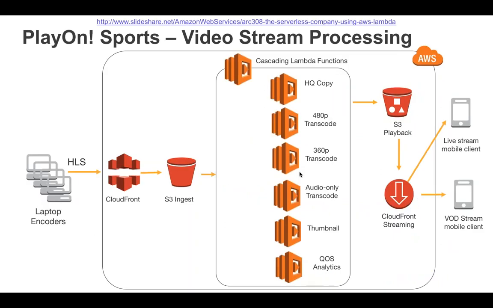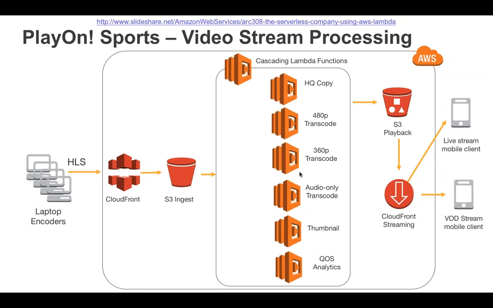We also have a more detailed example here of Lambda being used, and this is Play On Sports, which is a customer running in production on AWS using Lambda in a totally serverless way. Let me talk you through this example. Play On Sports allows the streaming of sports to come in and be stored inside the object storage service, and then also to be consumed across mobile devices.